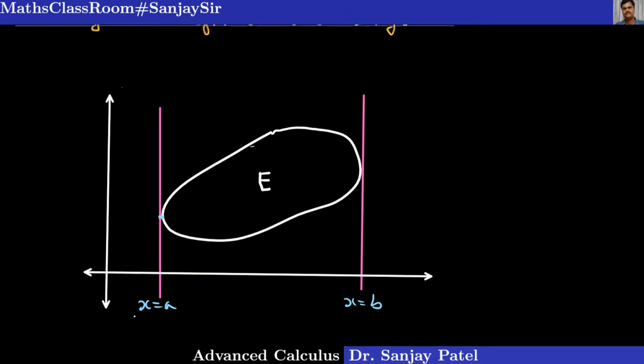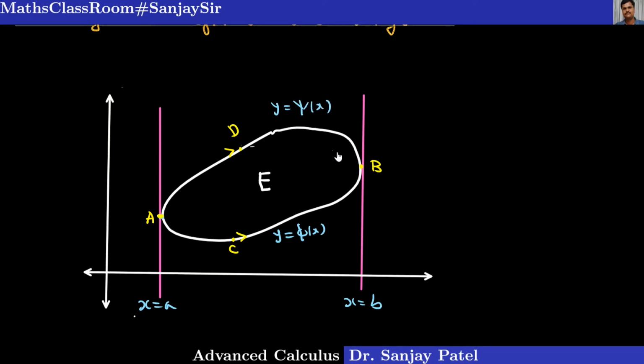Let us call this point A and this point B, where the two vertical lines are touching. Then the curve from A to B, let us take an extra point over here, say C, this curve is given by y equal to phi of x, and the curve ADB, say this curve, is given by y equal to psi of x.